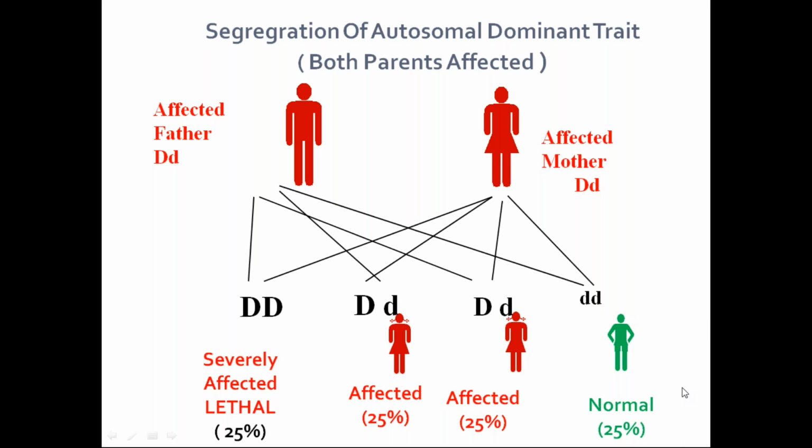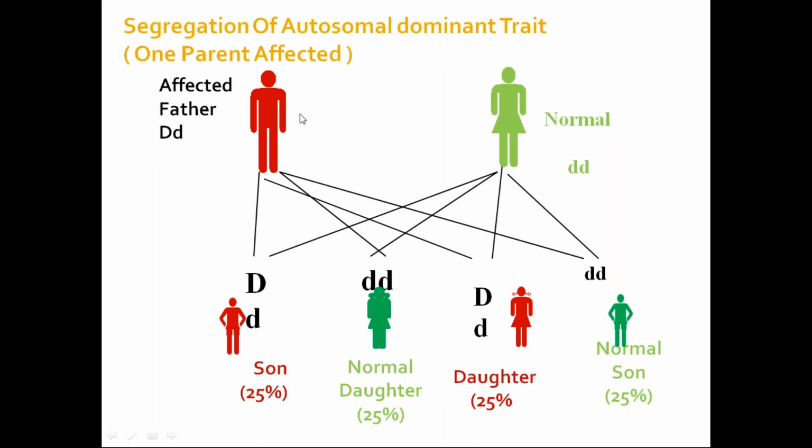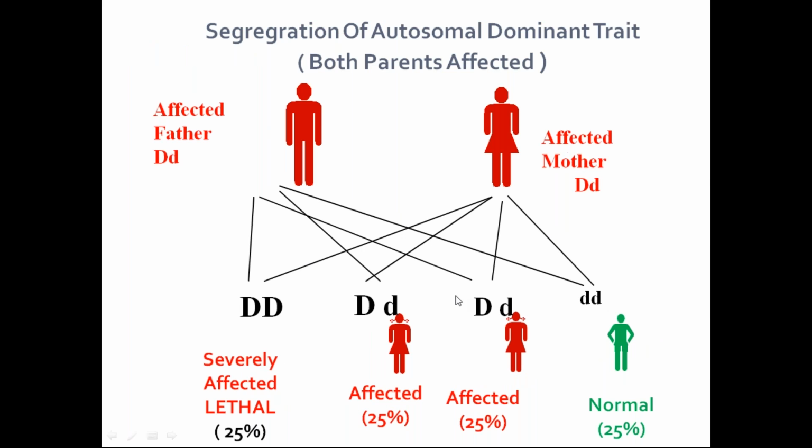If only a single parent is affected, only 50% of children are affected and 50% escape the disease. If both parents are affected, 75% of children are affected, and only 25% escape from the disease.